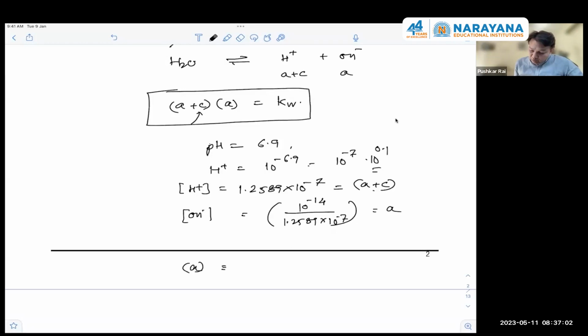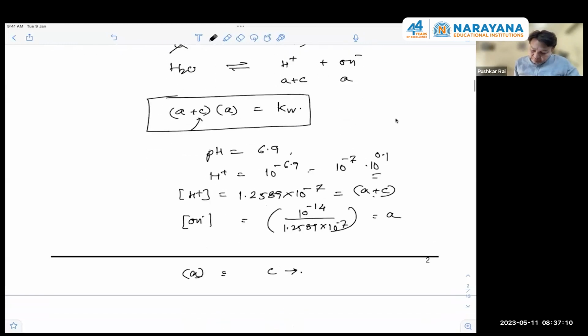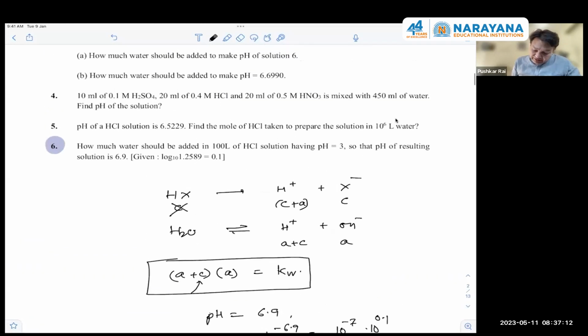then what are you going to do? Once we get the value of A, we will then calculate the value of C, and this C will be nothing but whatever amount of acid we have taken. How much water should be added to 100 liters of HCl solution having pH 3? At that time pH was 3. pH 3 means HCl concentration must be 10 to the power minus 3 M in 1 liter.